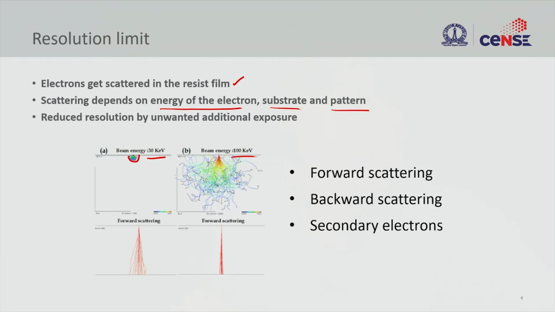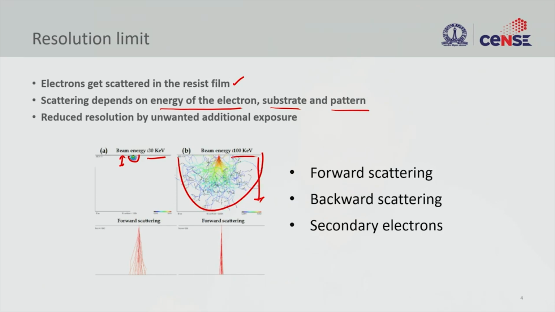When you increase the energy, you can see how deep the electrons are going. The electron penetration depth is very small for low energy, but with high energy beams, obviously the beams penetrate deep into the material, and now you can see your exposure is very large.